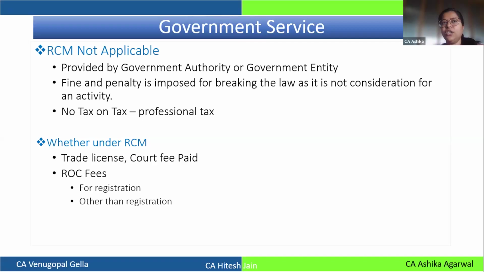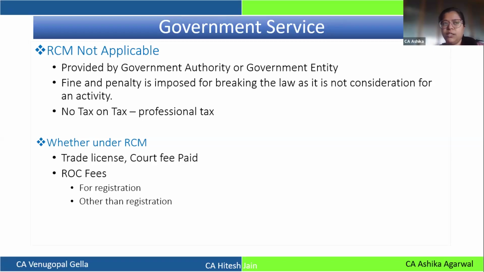But then comes the registration for increase in authorized capital, where the company has to incur a huge cost. On that, I don't feel, being in the nature of subscription, it should be liable under RCM. However, obviously there is a dispute whether ROC fee should be covered or not.